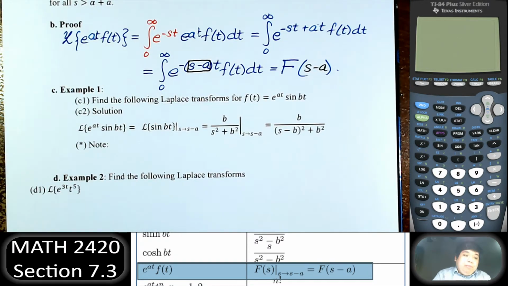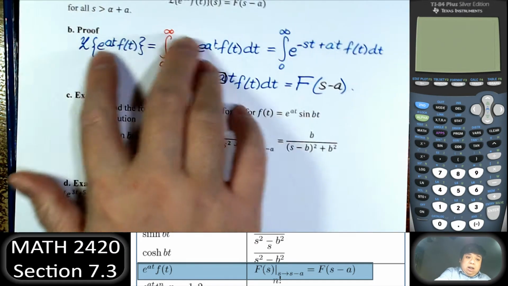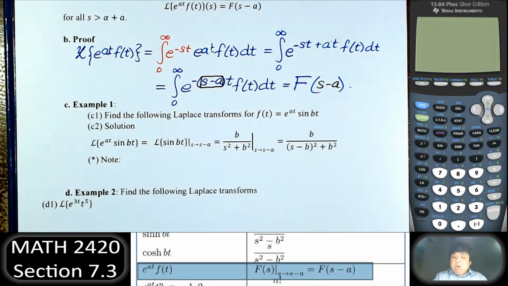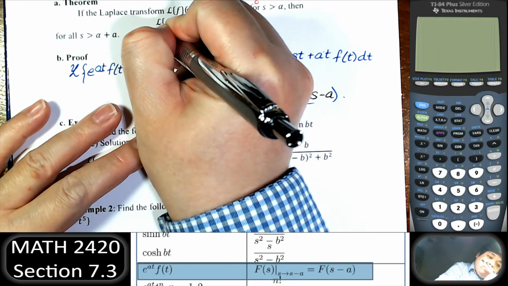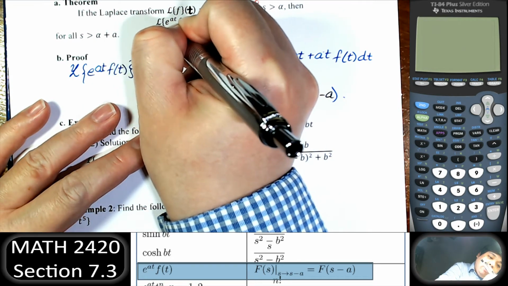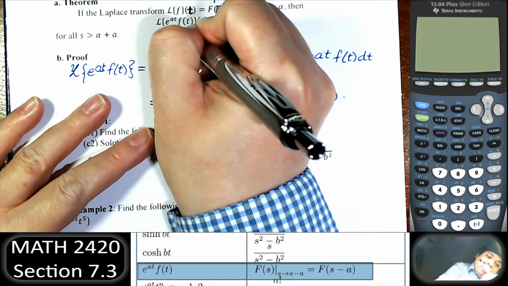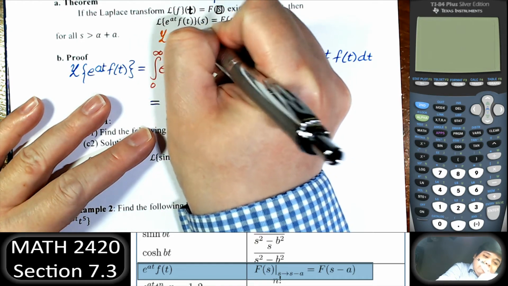Simple enough. Here's an example of how we do this. However, the notation will be much better if we write like this: the Laplace transform of e to the at f of t.